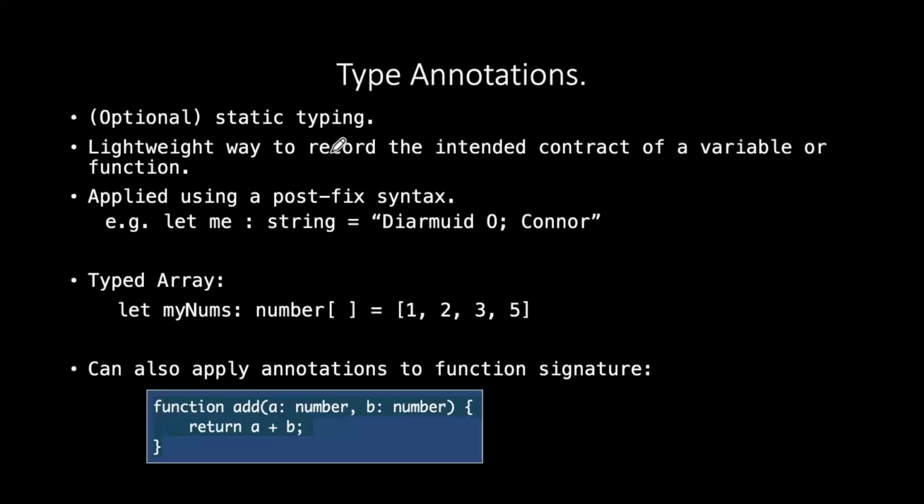It's all about type annotations, this postfix syntax that we use to declare the type of a variable. We can use that on data variables. We can use it on functions as well, function parameters, and on a function's return value.